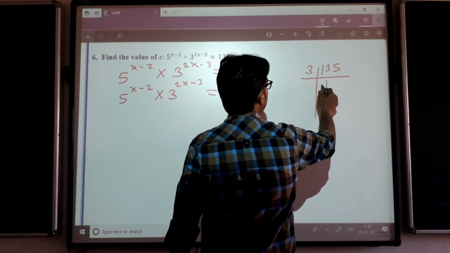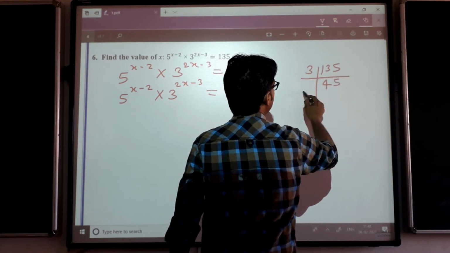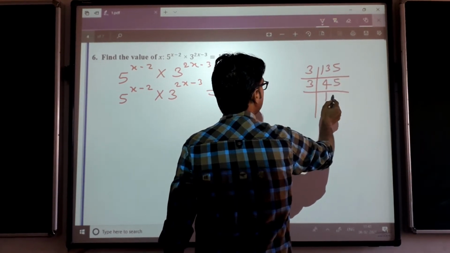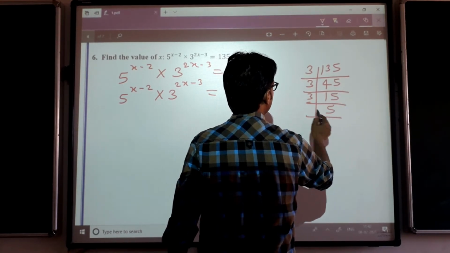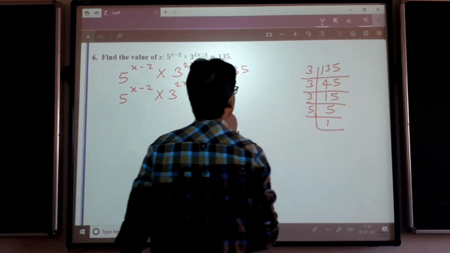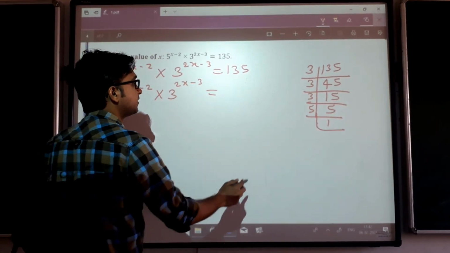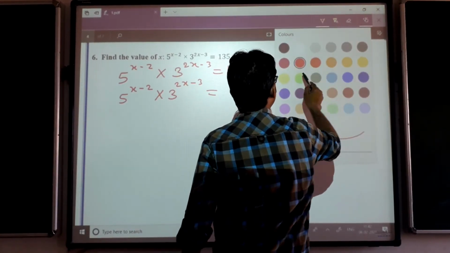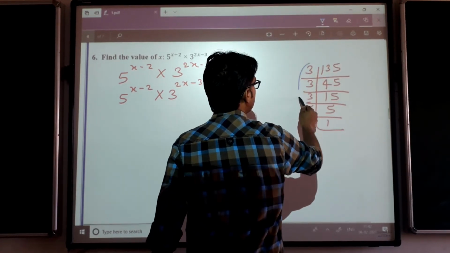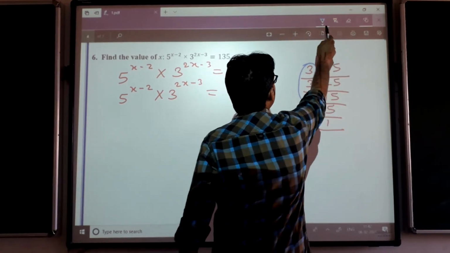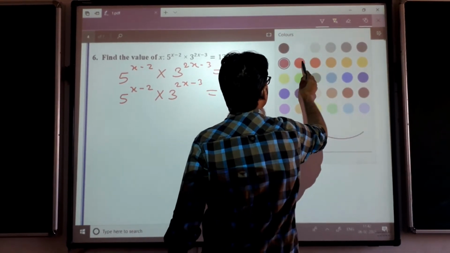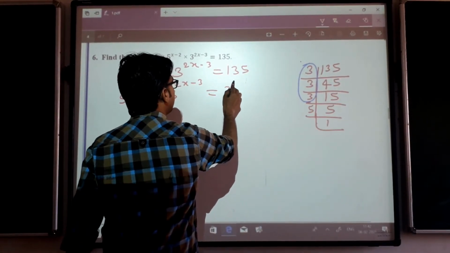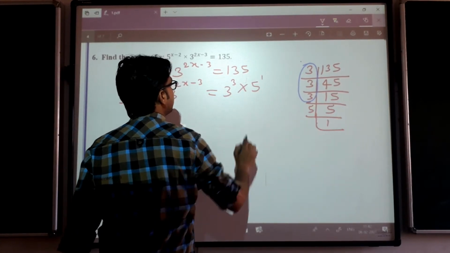So 3 4 times 12 and 3 5 times 15. So 3 1 times 3 and 3 5 times 15 and 5 1 times 5. So 135 can be written as, because there are 3 3's, 3 cube multiply with 5 is raised to 1.